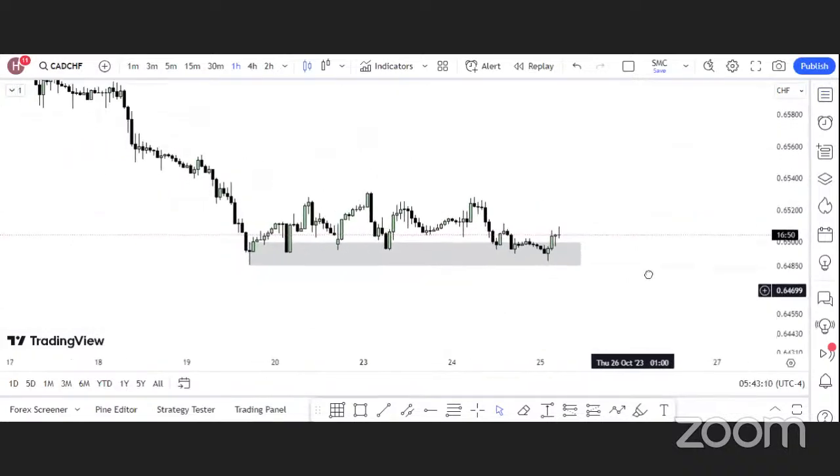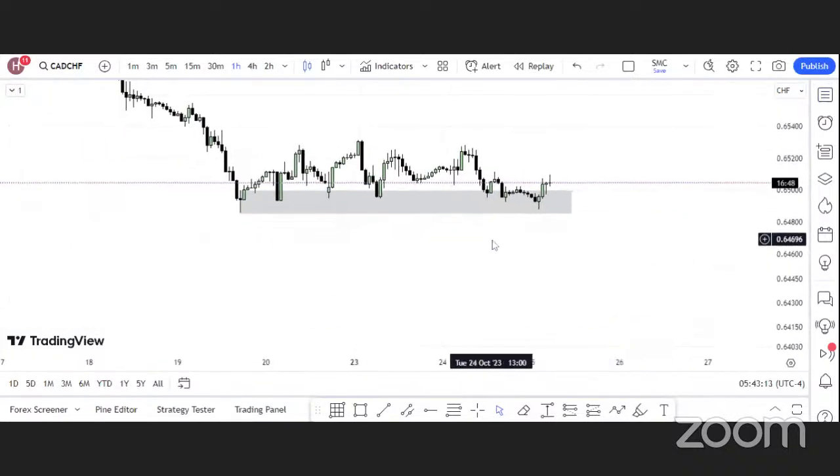Guys, I want you to take note of something. Anytime we have too many touches on an order block, that means we have liquidity around such area. So all this area now is a liquidity area, because look how many touches we had.